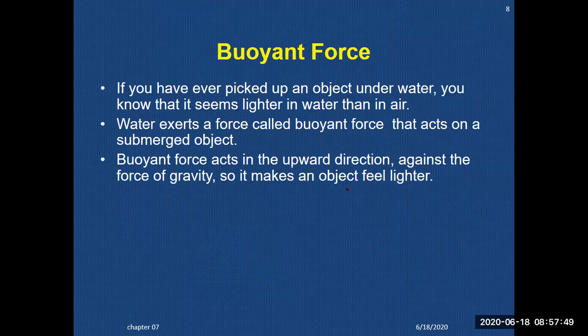It makes an object feel lighter. So whenever an object is immersed inside water, it becomes easier for you to lift it. But as soon as you move it outside, it will be difficult as compared to the water.